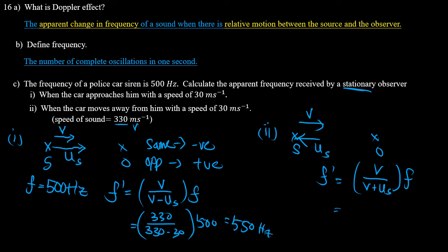So you substitute in the values: 330 divided by (330 plus 30), with 30 meters per second, times 500. So you will get your answer as 458 Hertz. Your answer can be given as either two significant figures or three significant figures. So that's it for this question.